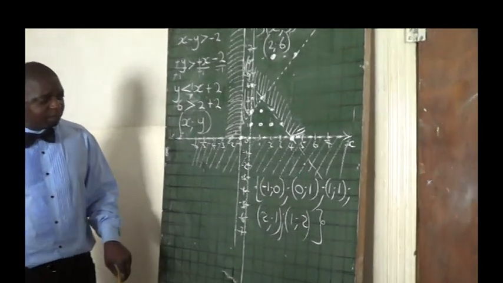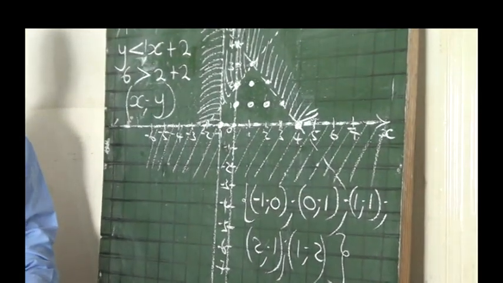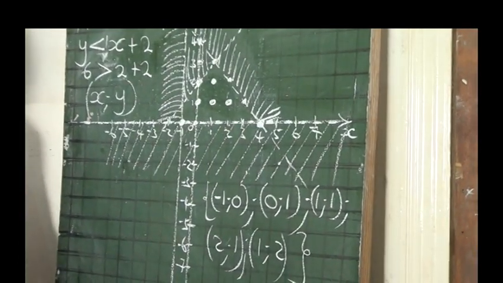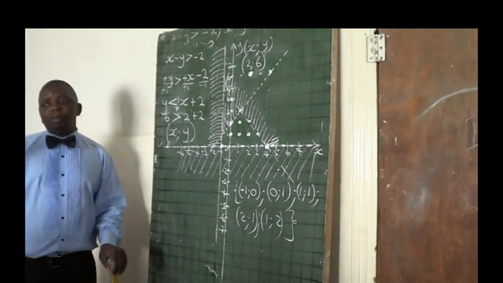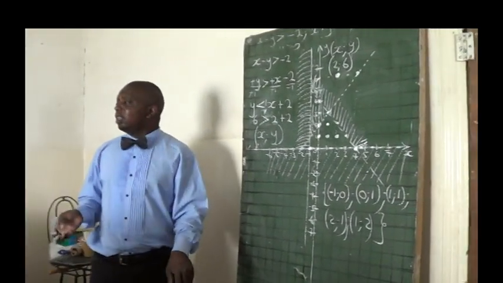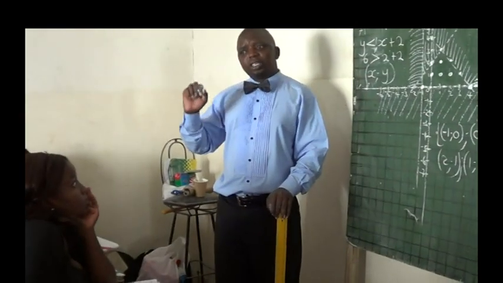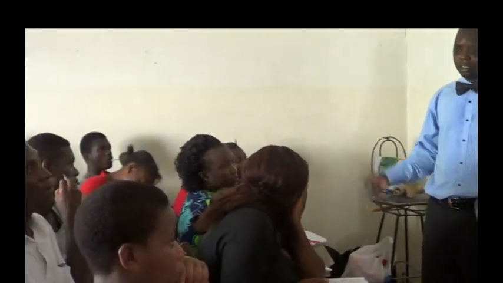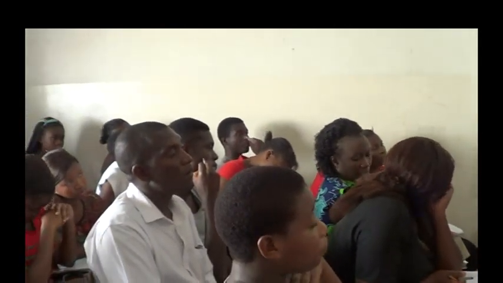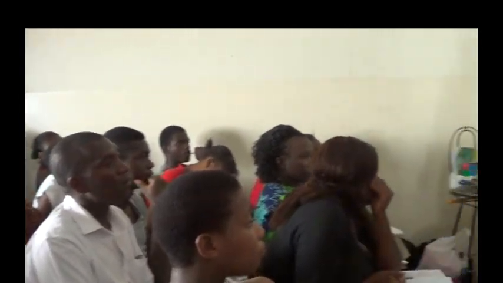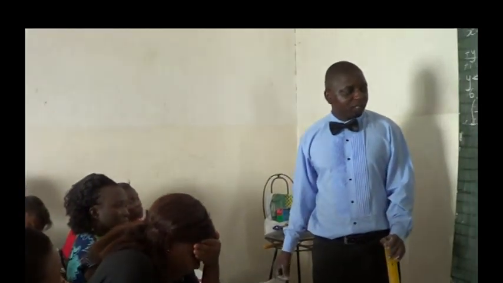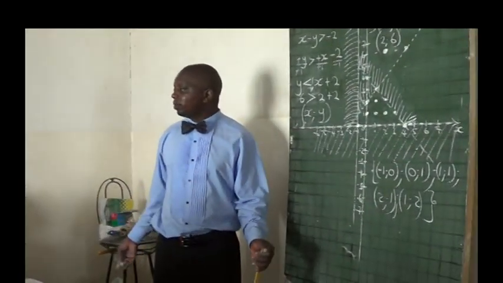It's -1. Why -1? It is the least value you get when you add x and y: -1 plus 0, which is -1.